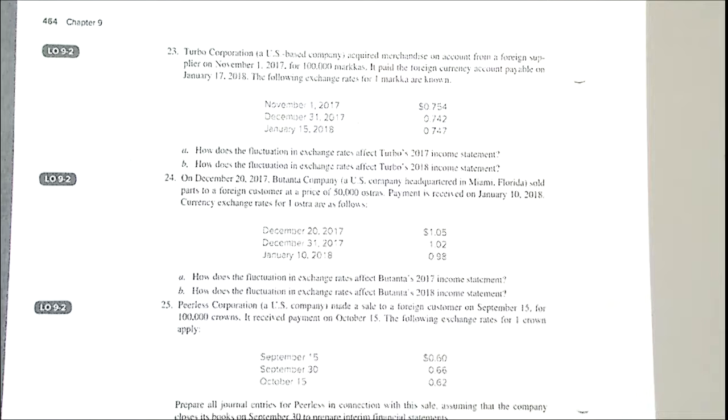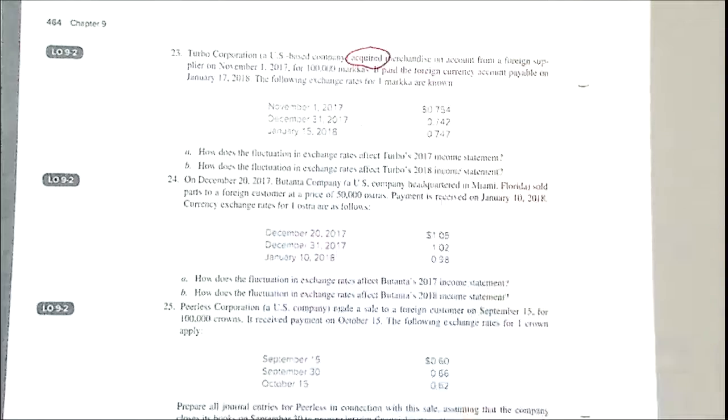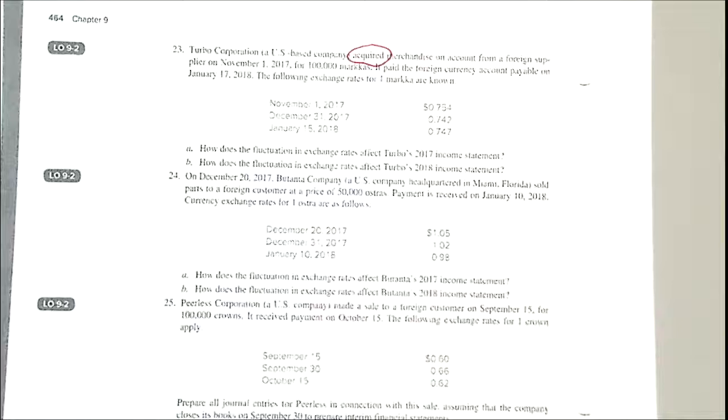Turbo Corporation, a US-based company, acquired, that means purchased, some merchandise on account from a foreign supplier on November 1st, for 100,000 markers. Markers is the foreign currency's name. They paid all those markers on January 17th, but in between you have December 31st.